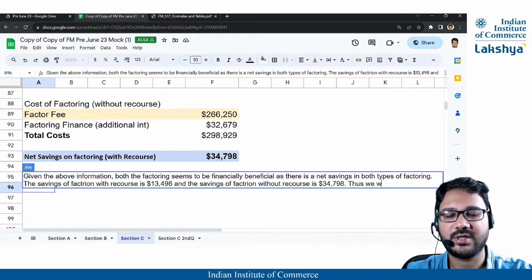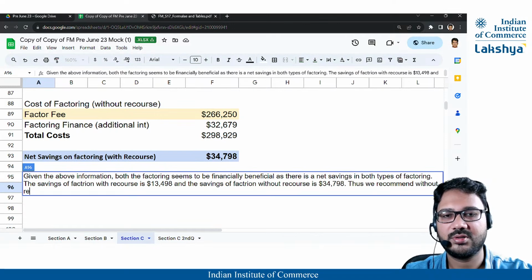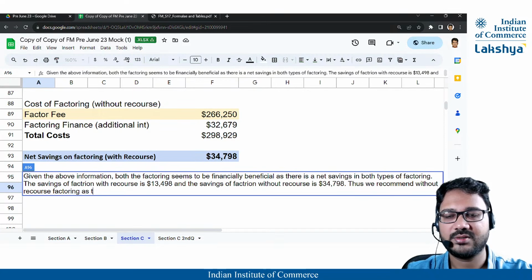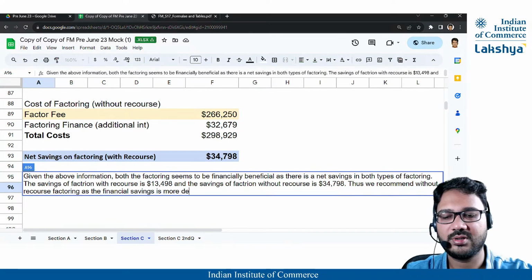Thus, we recommend without recourse factoring as the financial savings is more despite higher factoring fees.